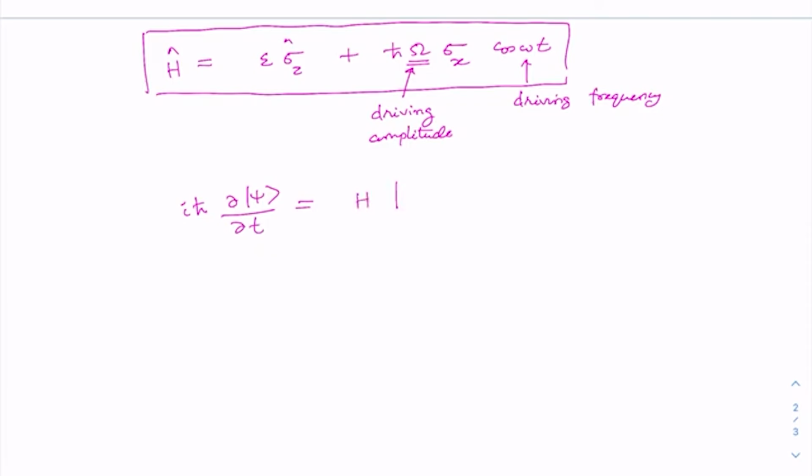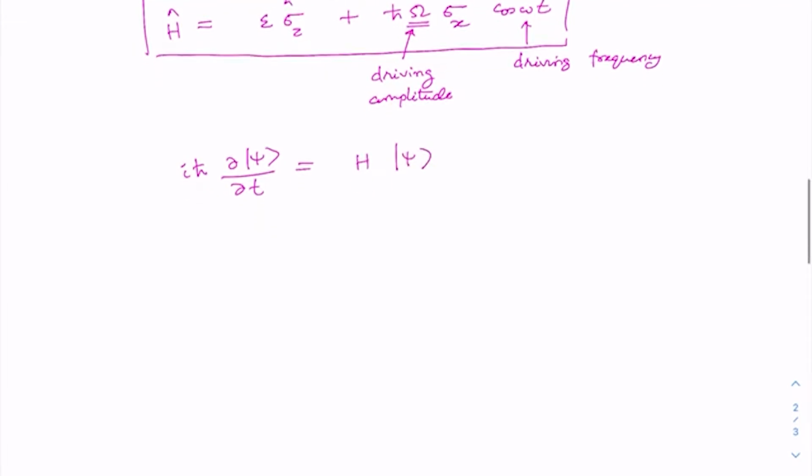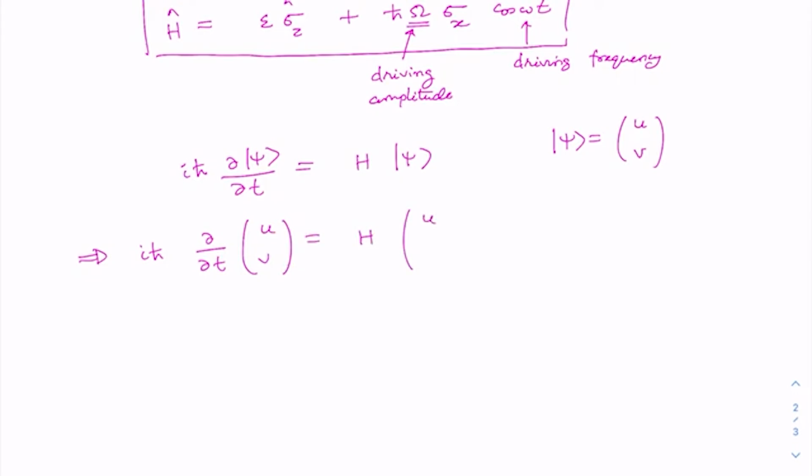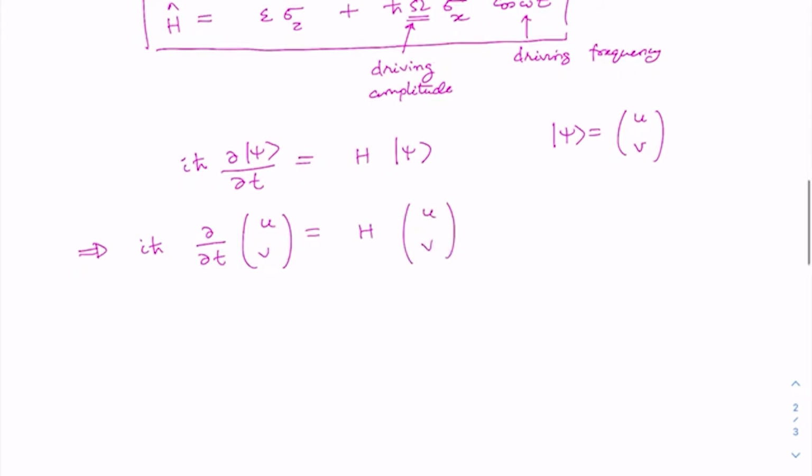So we have H psi, where psi is a column vector. Let us say it has components u and v, and then I can write it as i h cross del t of (u, v) is equal to H (u, v).